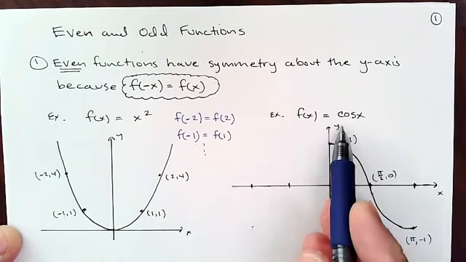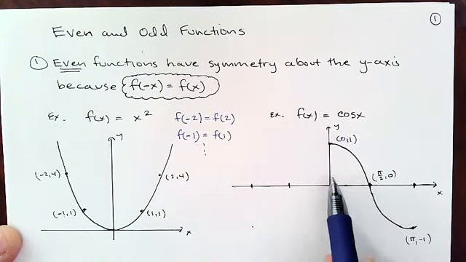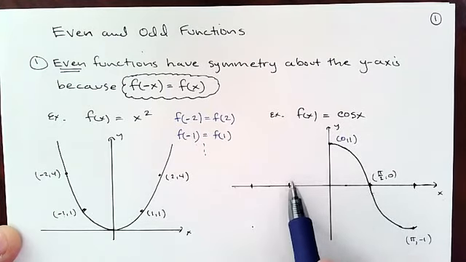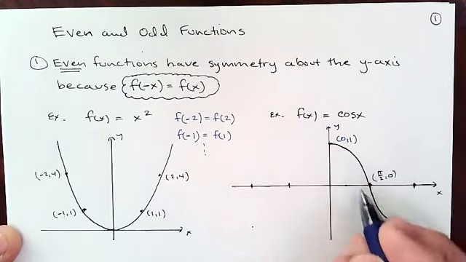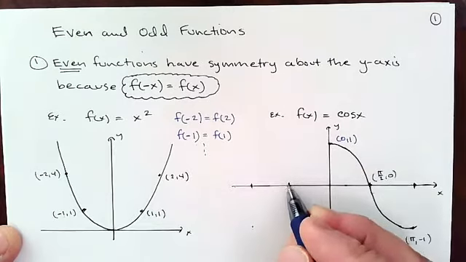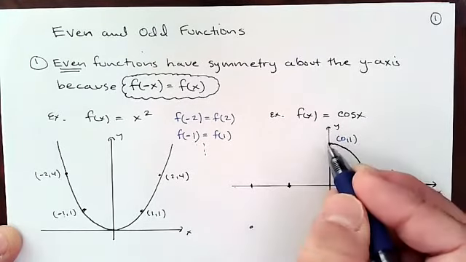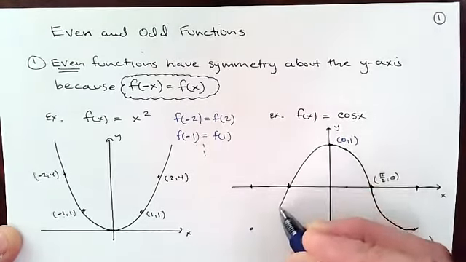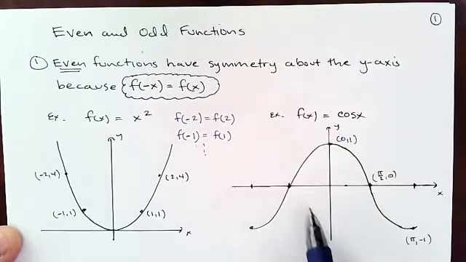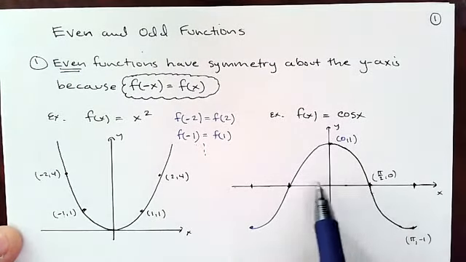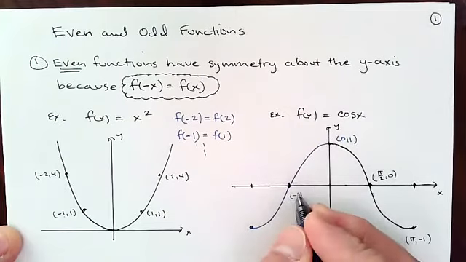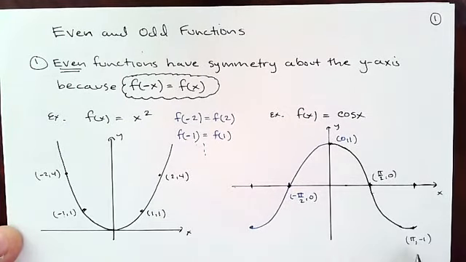But if this is an even function, then we should be able to see the left half as being symmetrical. If you folded this over the y-axis, you would see that it's going to have symmetry, and it's going to look like this. And you could even pick out these points, right? If this gets reflected, this would be negative pi over 2, 0. And instead of pi, negative 1, it gets reflected over here.